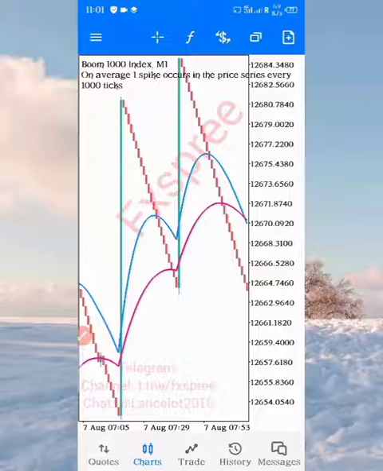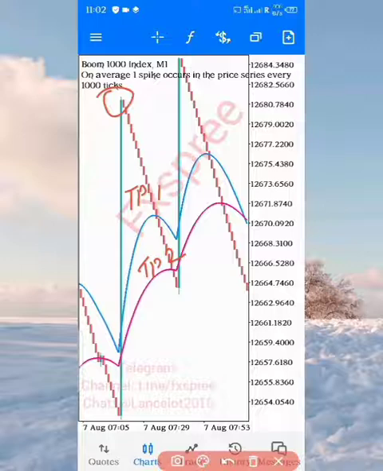Now look at this place. It spikes up to this level. When you enter it, you have TP1 and TP2. Here is TP1 and here is TP2.